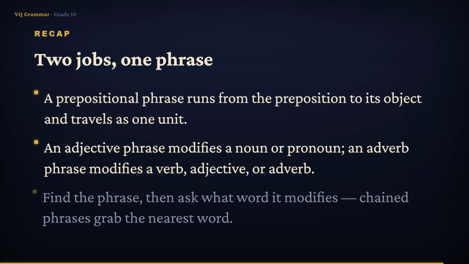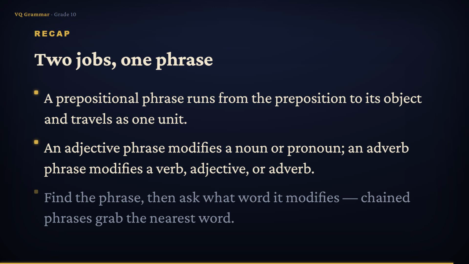When it modifies a verb, an adjective, or an adverb, telling us how, when, where, why, or to what extent, it is an adverb phrase. And the way you tell them apart never changes. Find the phrase, then ask what word it modifies. Remember, too, that phrases can chain, with each one grabbing the word closest to it, and that the object of a preposition can be compound.